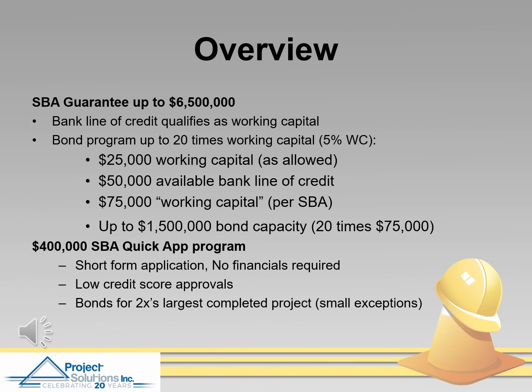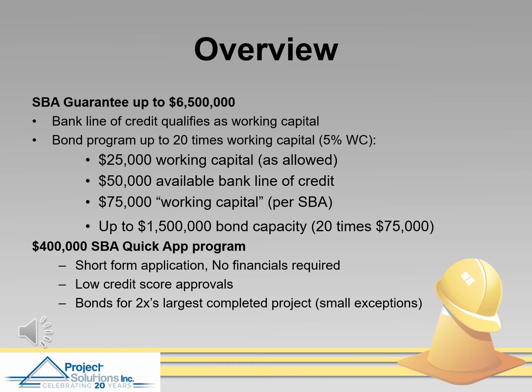In this SBA program, there are a couple of different options for firms looking to obtain a bond. This first one on the slide, which is sometimes referred to as the full program, will guarantee a contract of up to $6.5 million. The firm must possess 5% working capital for the amount of the bond that they're attempting to obtain. But for SBA purposes, a bank line of credit will qualify as working capital.